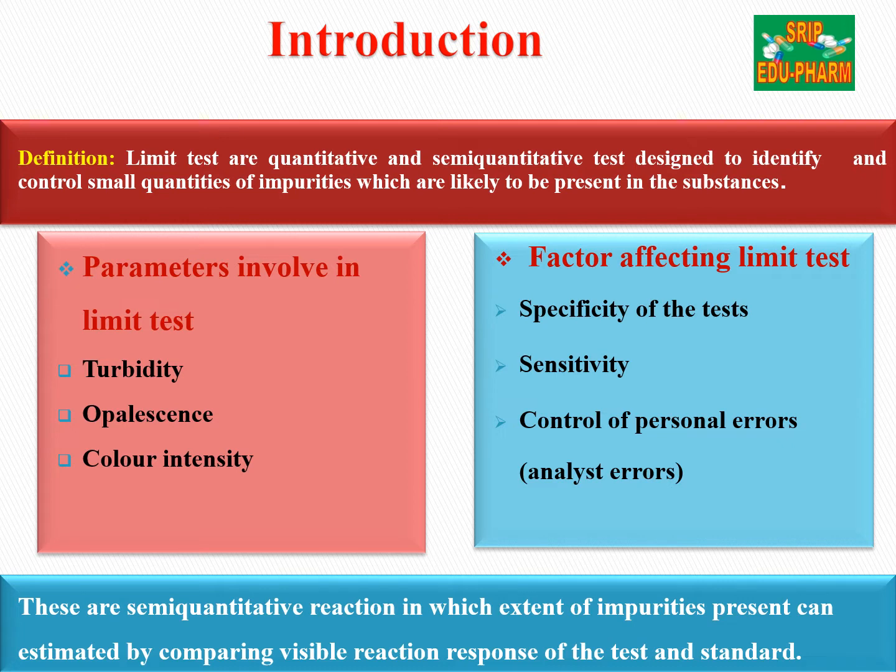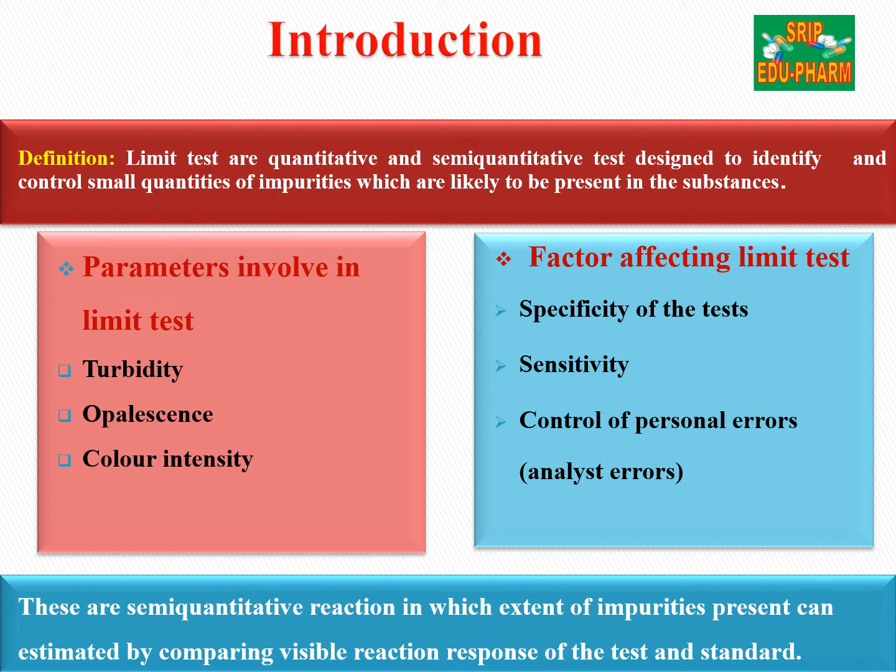specificity of the test. It means the test gives some form of selective reaction with the trace impurities or ion. Next, sensitivity. The degree of sensitivity required in the limit test varies according to the standard of purity.